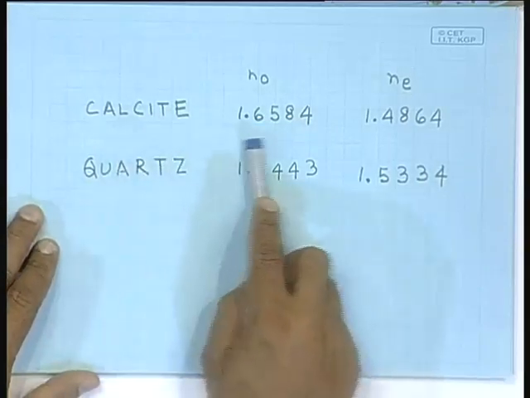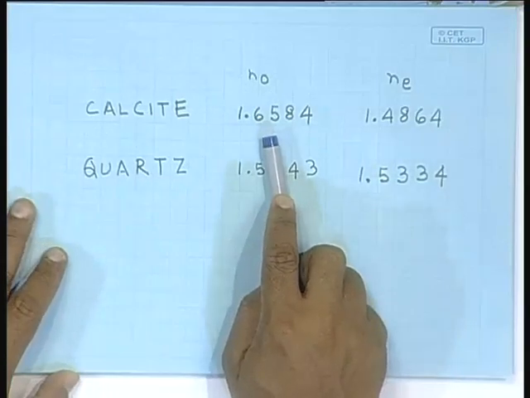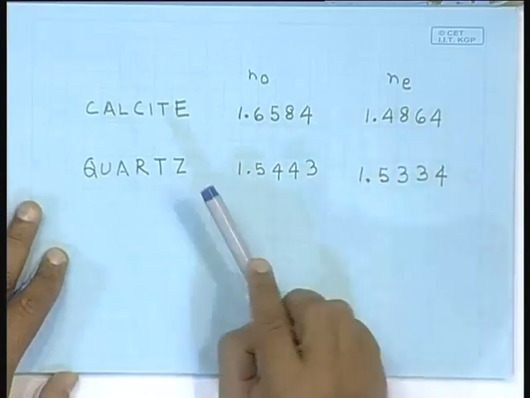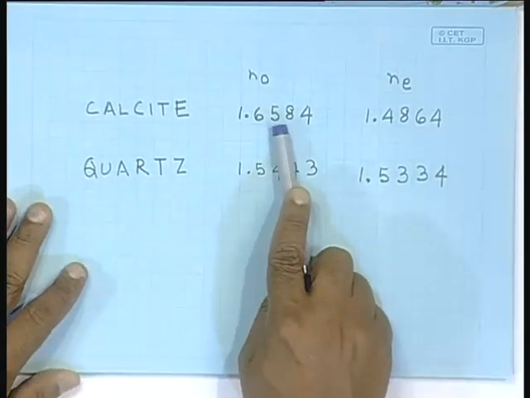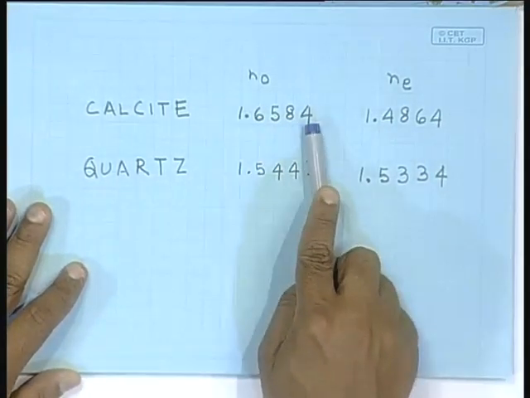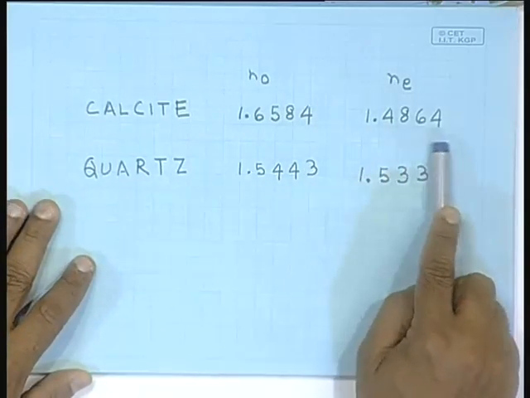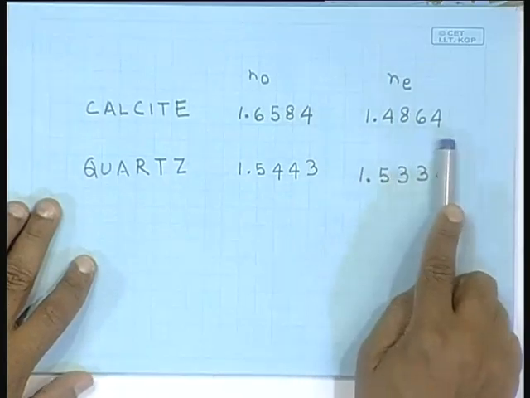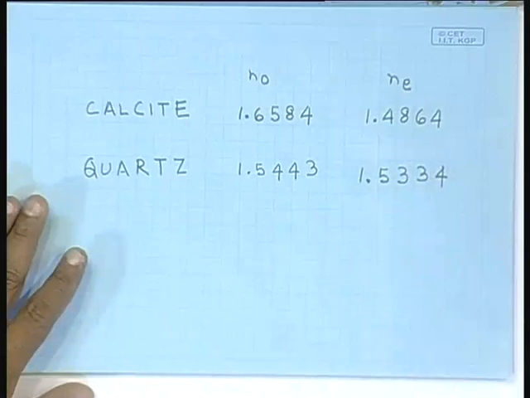Calcite has two different refractive indices depending on which way the incident light is polarized. If it is polarized perpendicular to the optical axis, the light will see this refractive index. If the light is polarized parallel to the optical axis, if the electric field is aligned with the optical axis, the light will experience this refractive index.